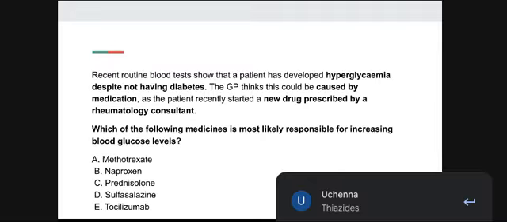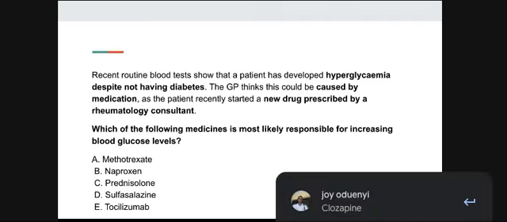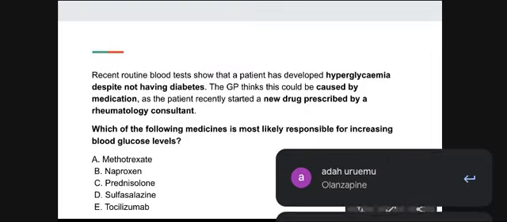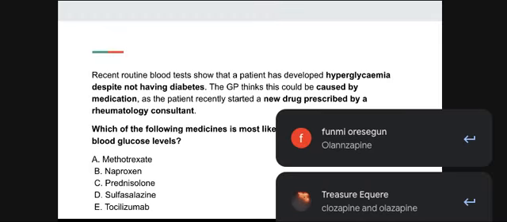So, what two antipsychotics are most likely to cause elevated sugar level? Clozapine and olanzapine. Yes, clozapine and olanzapine. That's the way some people remember it, cheese and onion.